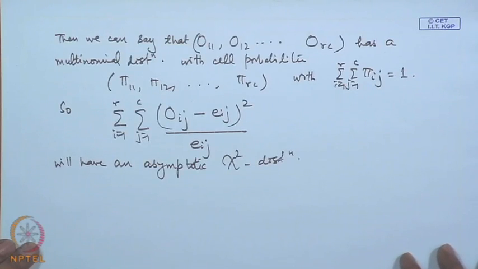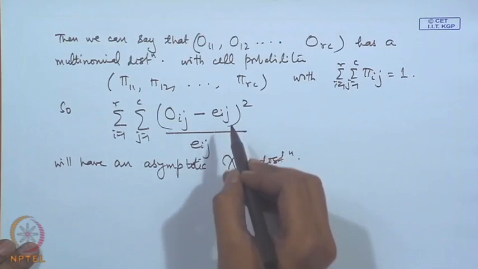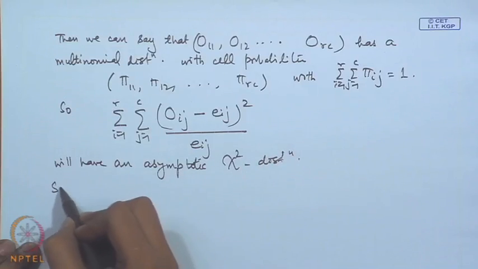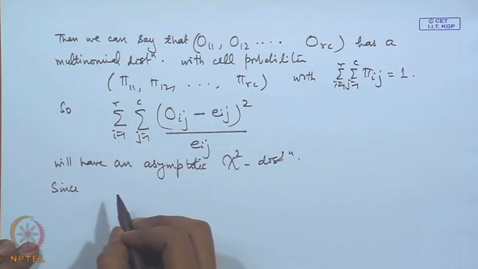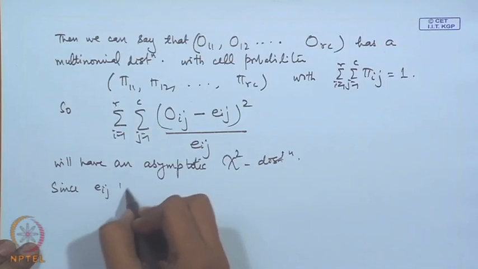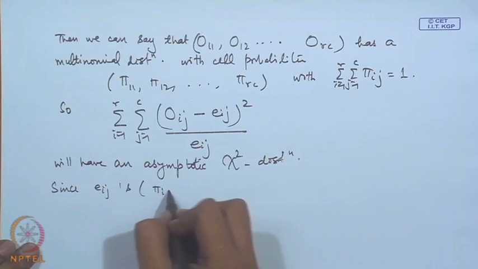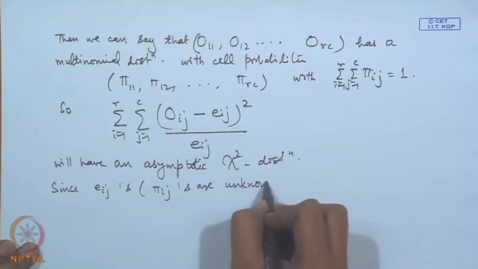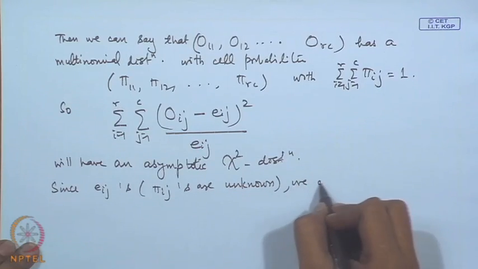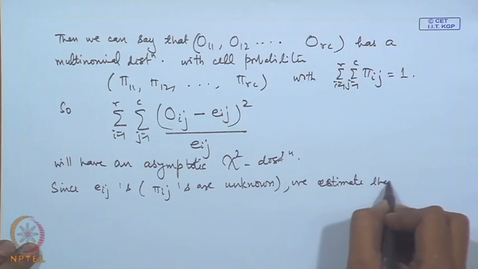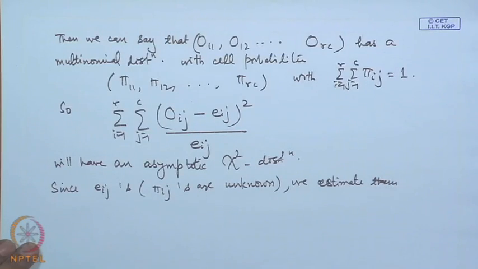Now, how do you evaluate these things? Since the theoretical values are unknown, that is E I j's, that is pi I j's are unknown, we estimate them, okay. How will you estimate that?